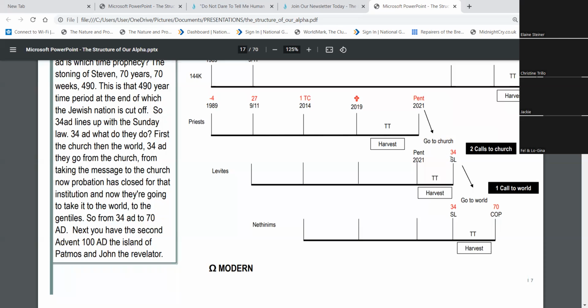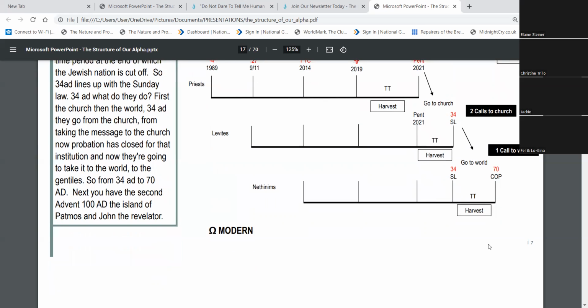So you got a group, the disciples, that are coming out from the Pharisaical teaching. And 34 AD, they go back to the church. So there's two calls to the church. And then after that, there's one call that goes out to the world after 34 AD.